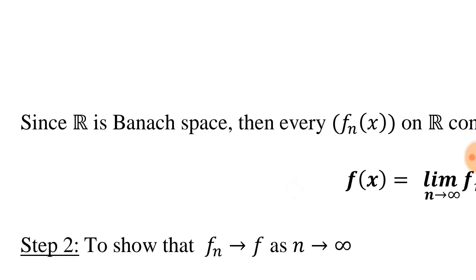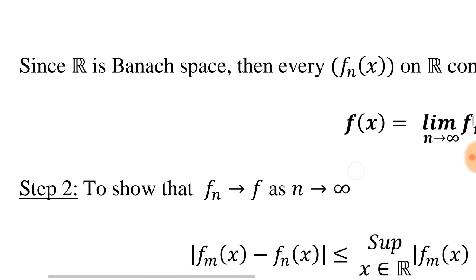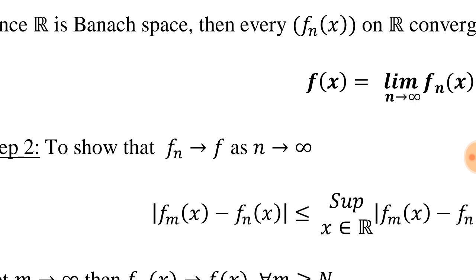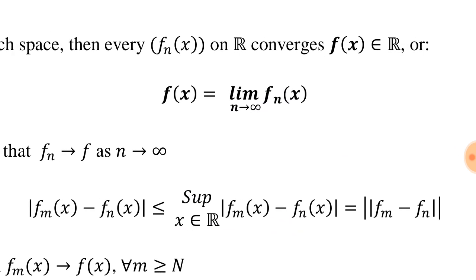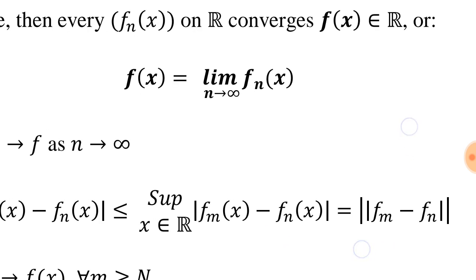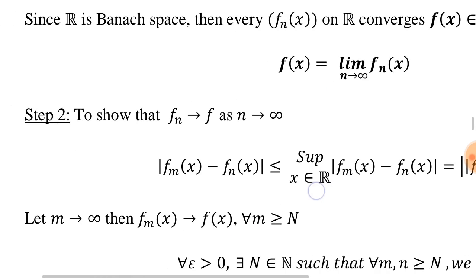In step 2, we will show that f sub n approaches f as n approaches infinity. Before, we have that the absolute value of f sub m of x minus f sub n of x is less than or equal to the norm of f sub m minus f sub n.